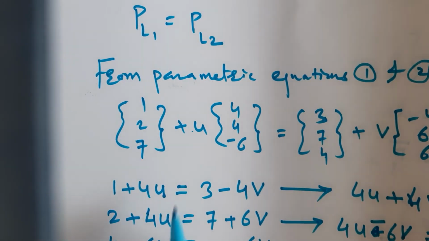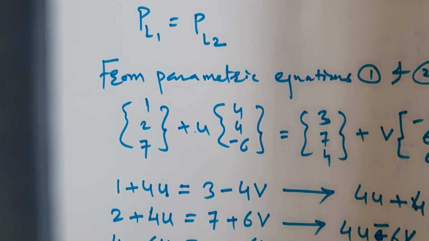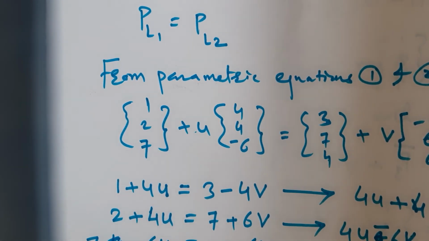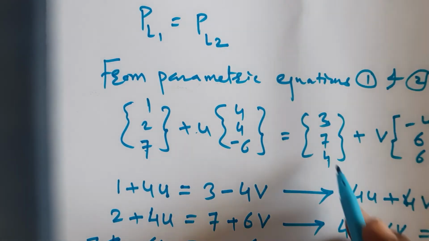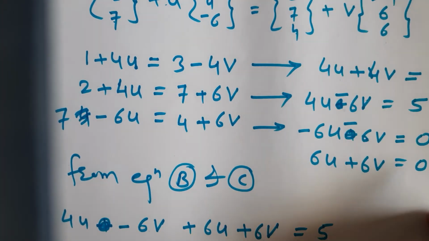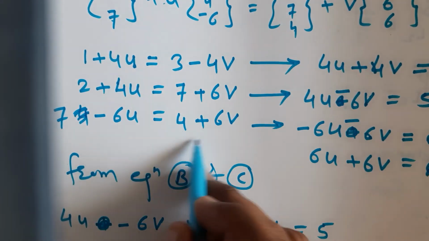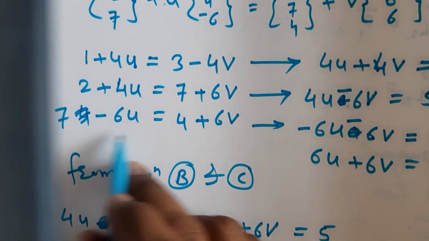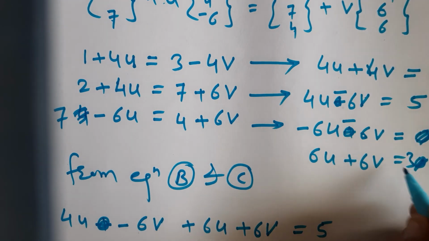Sorry, I made one mistake here: 7 minus 6u is equal to 4 plus 6v, so instead of 0 it is 4 minus 7, which is minus 3, and here it will be plus 3.